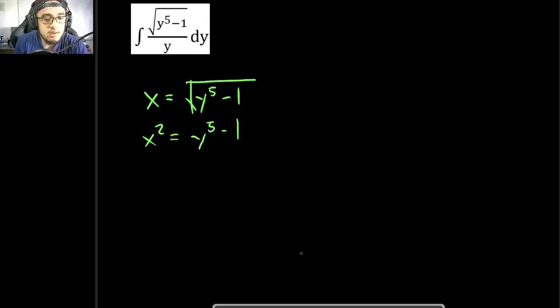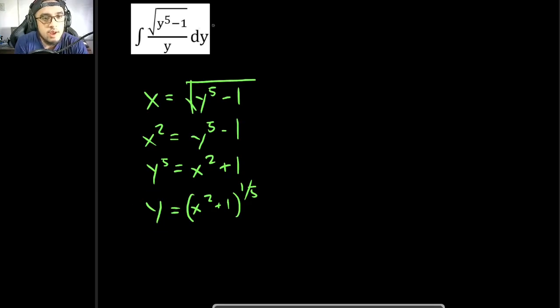Transposing this value and solving for y, y raised to 5 is equal to x squared plus 1. Getting the fifth root of both sides, y is now equal to x squared plus 1 raised to 1 over 5. So we already have the value for y. But what about dy?